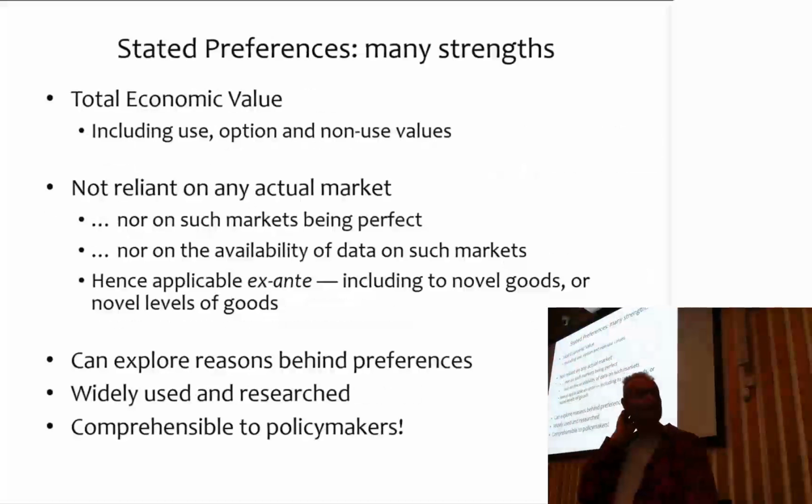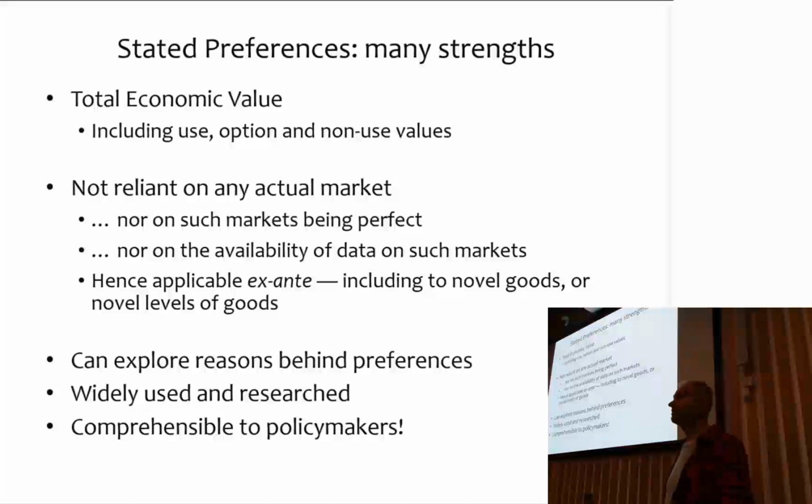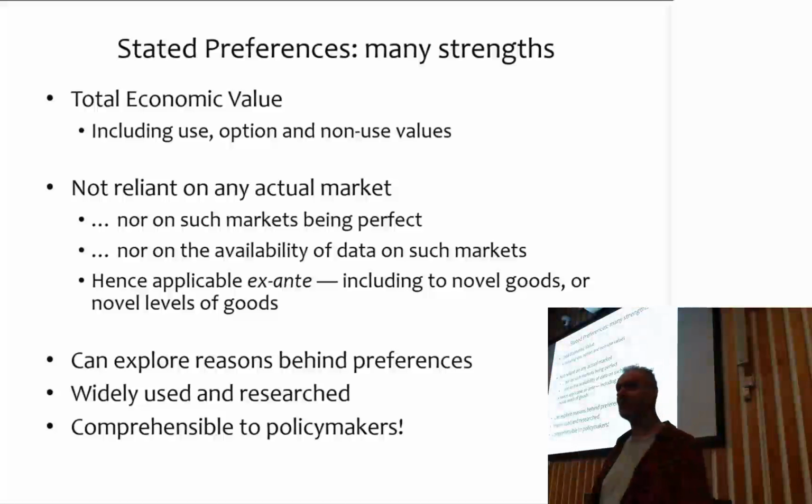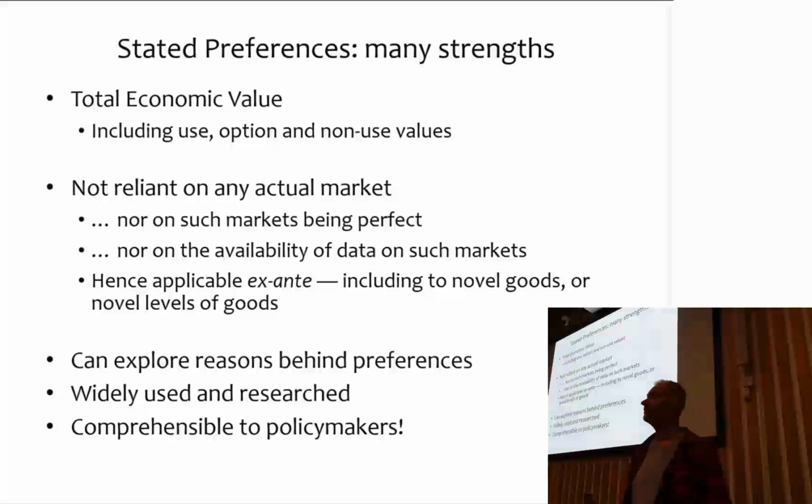The key advantage, as I said last week, is the opposite of the key disadvantage for the revealed preferences, and that is stated preferences can be used for anything and everything.